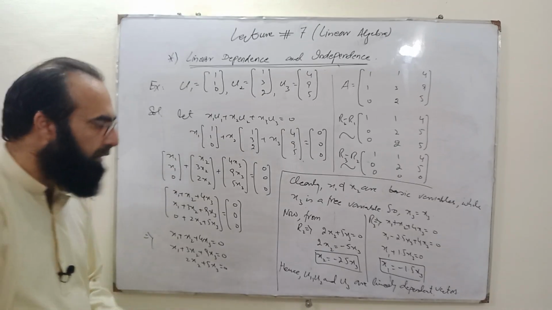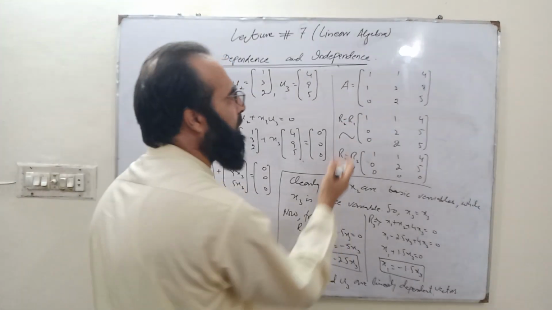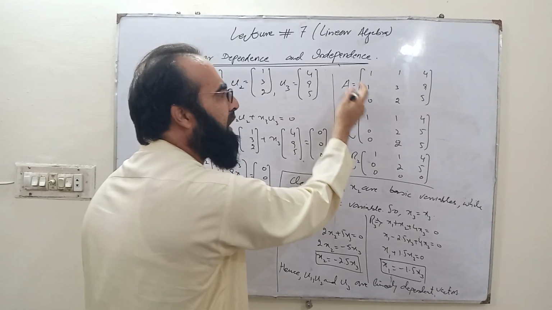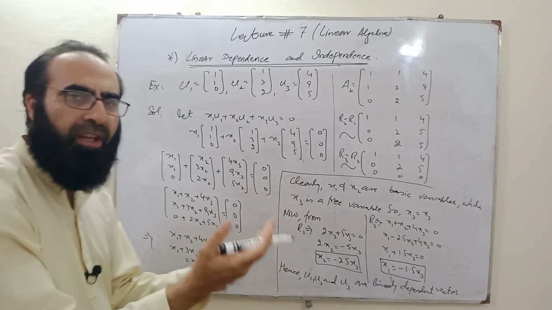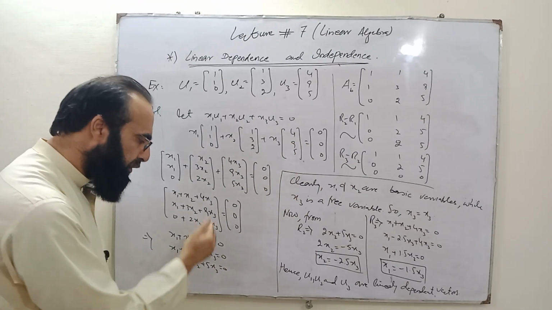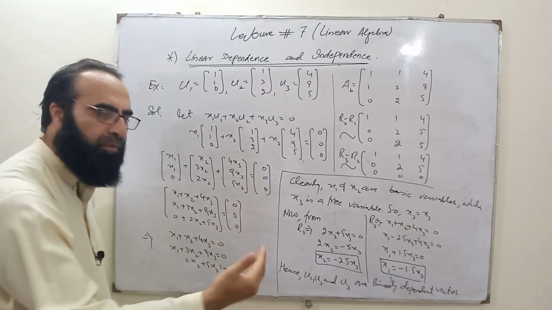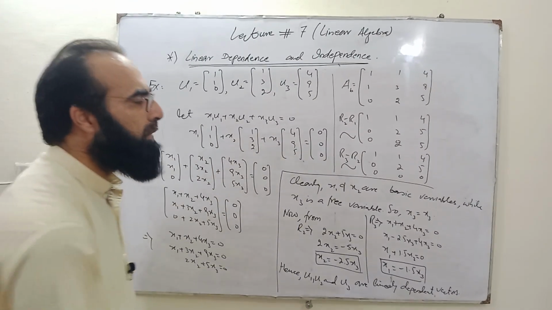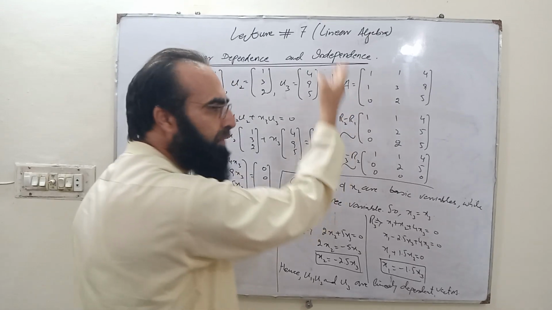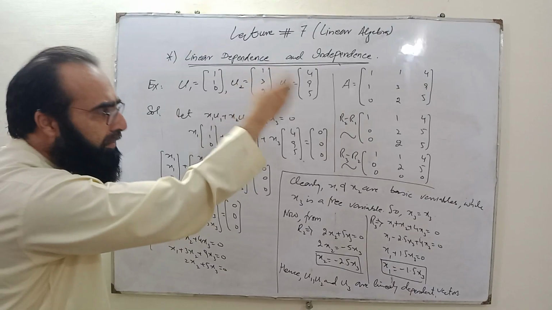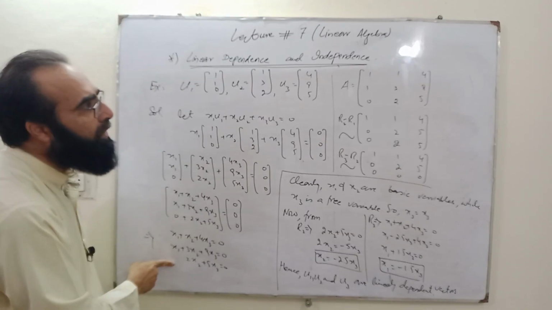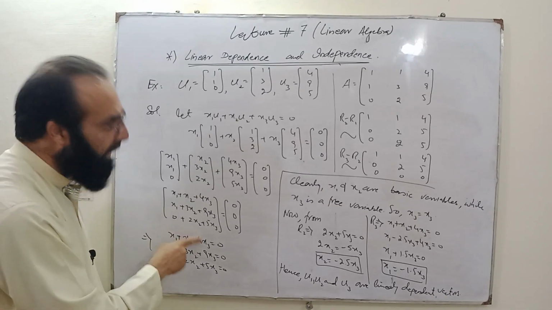In a homogeneous system, on the right side we have zeros, so the augmented matrix can also be written as the coefficient matrix A. Its first column will be 1, 1, 0, second column will be 1, 3, 2, and third column will be 4, 9, 5.